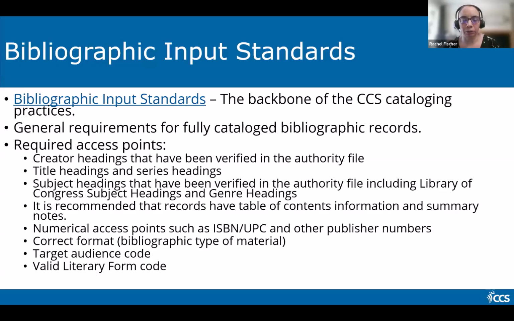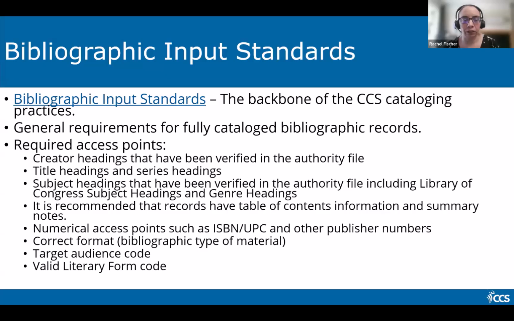An accurate description of the material is required for fully cataloged records and should include enough information to distinguish one item from a similar item so that patrons can find the record they are looking for. All records need to have required access points to facilitate access for patrons.